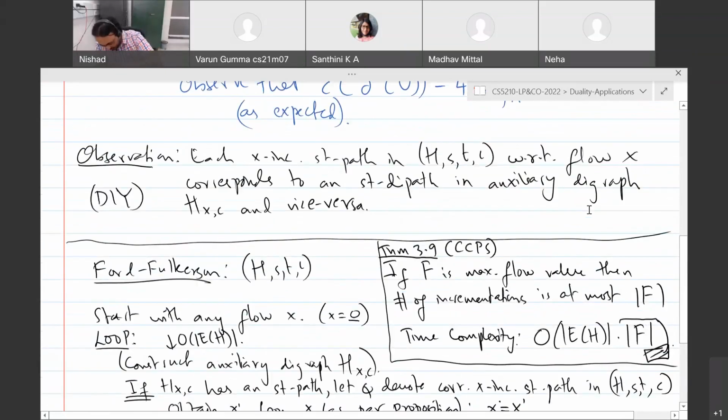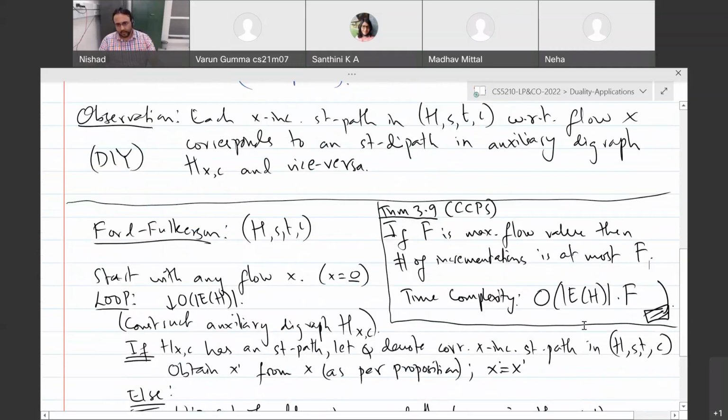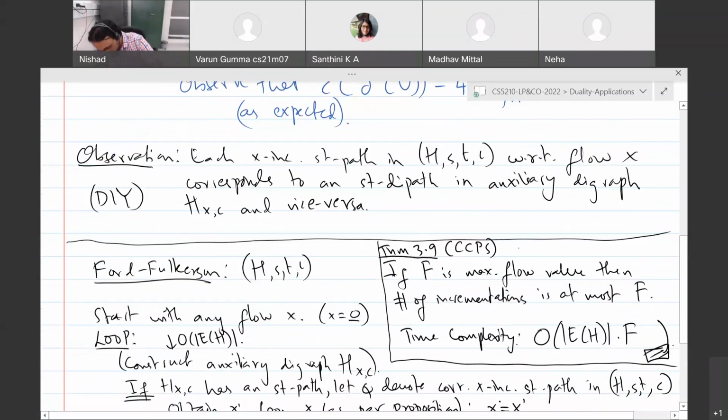I did not mean to put the absolute value, just too used to it, because this is simply the value of the maximum flow, which we know is going to be non-negative because all the capacities. So this is assuming integral capacities.